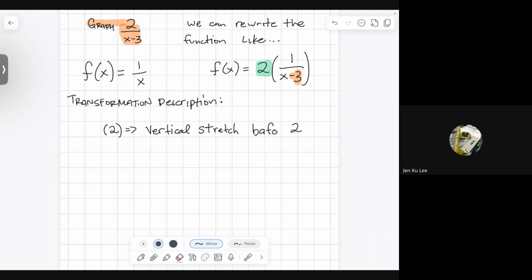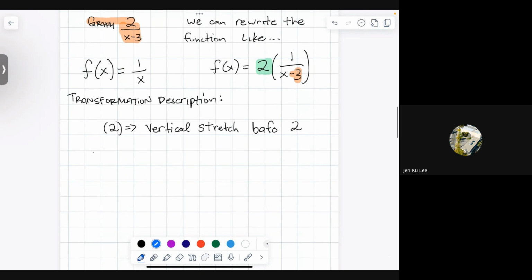Okay. So going back to this, now what I want to do is change up my key points. My parent key points were -1, -1, and 1, 1.